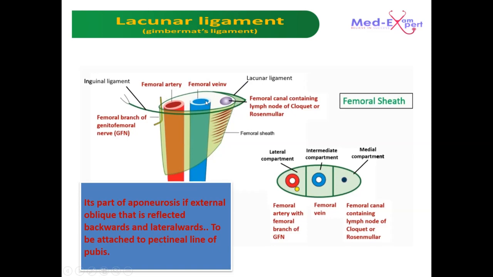The lacunar ligament is part of the aponeurosis of the external oblique that is reflected posteriorly and laterally from the inguinal ligament to be inserted in the pectineal line.